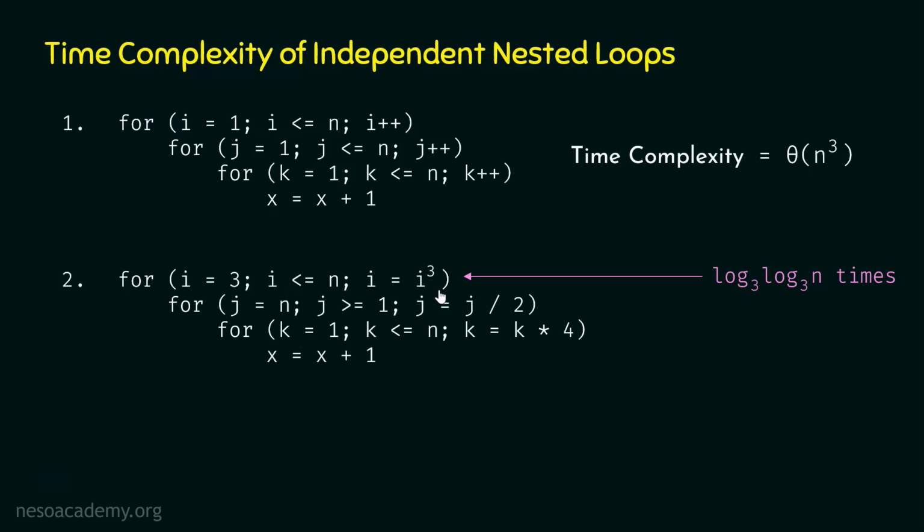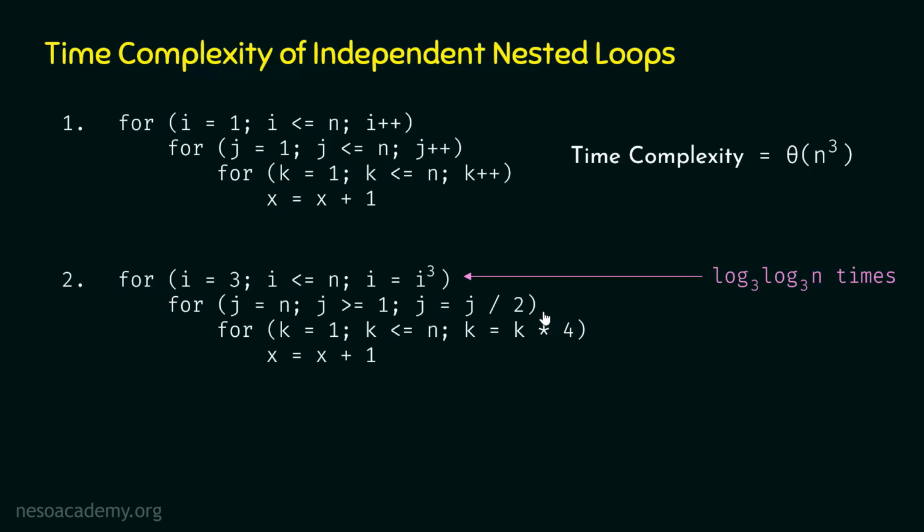Now let's find the frequency count of this for loop. In this for loop, variable j is initialized to n, j is compared with 1, and j is updated to j divided by 2. In the update expression, variable j is divided by a constant, and we learned in one of our lectures how to find the time complexity or the frequency count of these types of for loops.